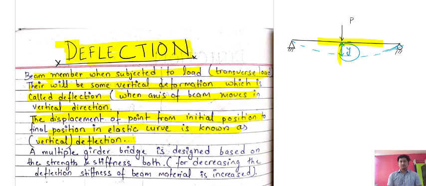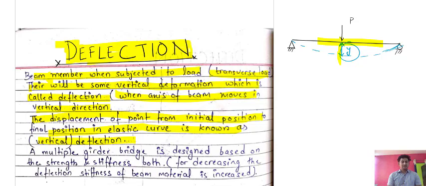Taking an example of a beam, this deflection depends upon the cross sectional area, how much loading there is, how much bending moment and how much shear force there is. These are the criteria governing the deflection.